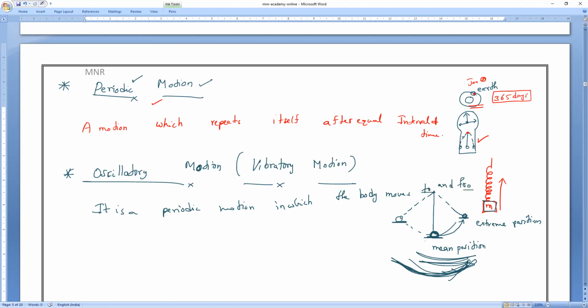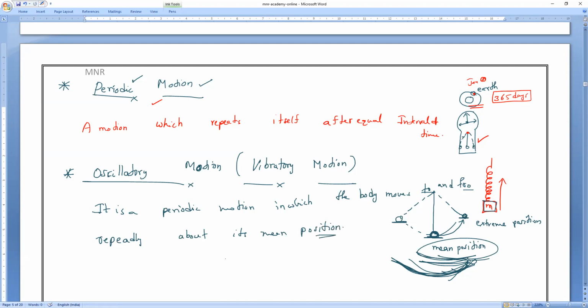What do you mean by to and fro? Going forward and coming backward. To and fro repeatedly about its what point? About its mean position. Okay. So that is what we call oscillatory motion.